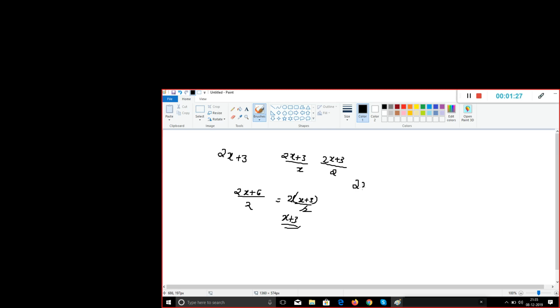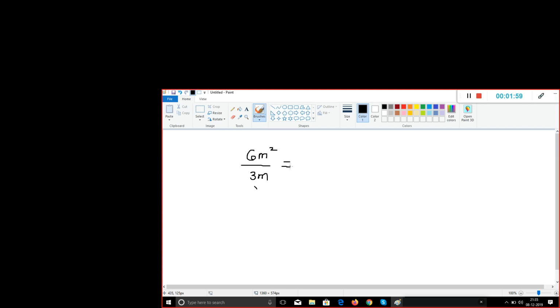So if it's given as 2x plus 3 plus 4x, wait a second. First, I'm giving you a very simple one. You just tell me, can you give me the answer for this?